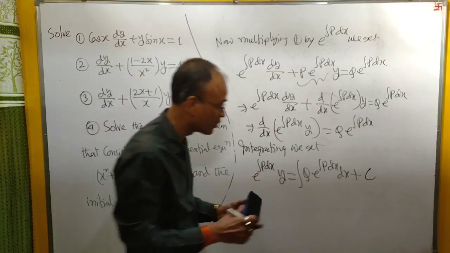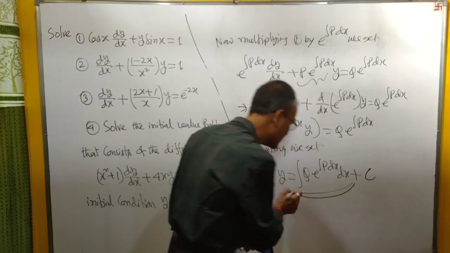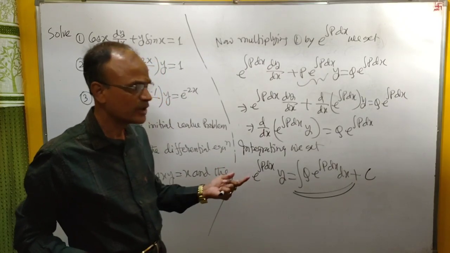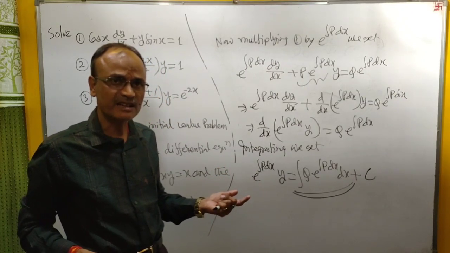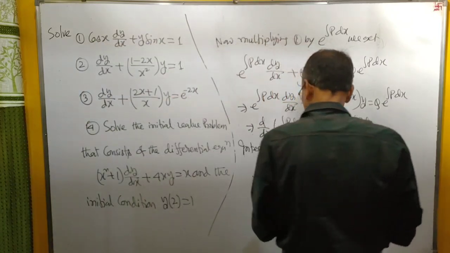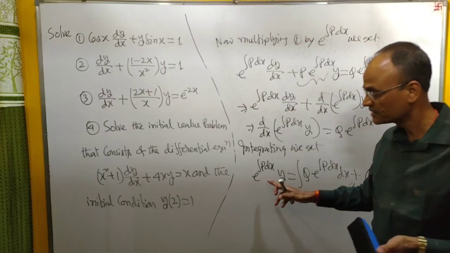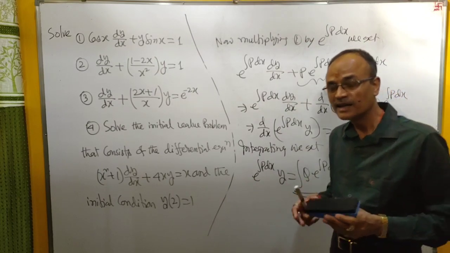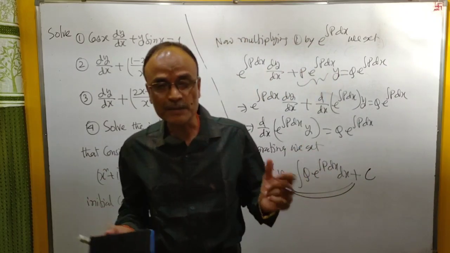Now after integrating this, you will get the solution. In this way, we solve linear differential equations. First, find the integrating factor, and then multiply the equation by the integrating factor. Then the left hand side becomes a perfect differential.